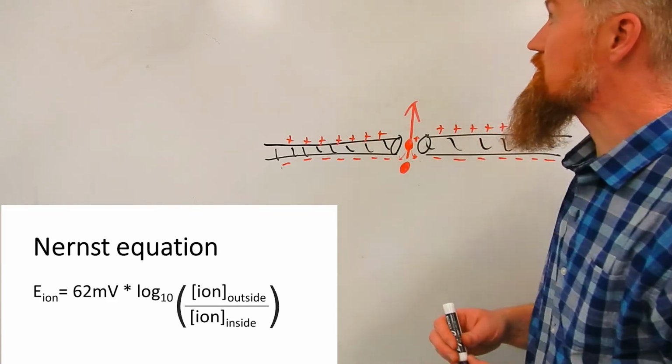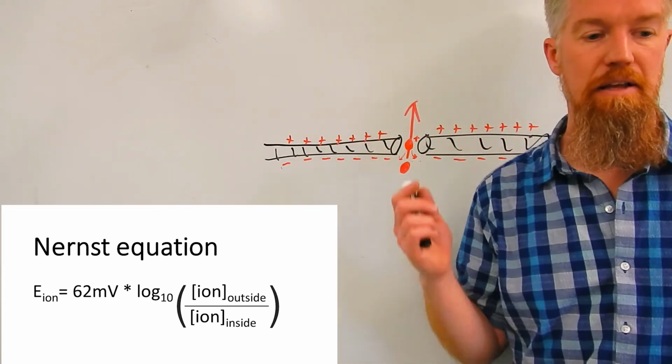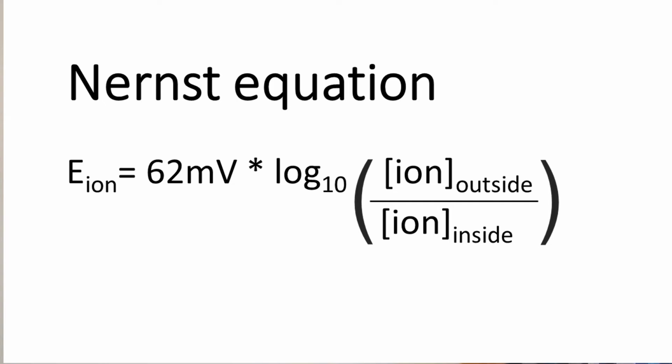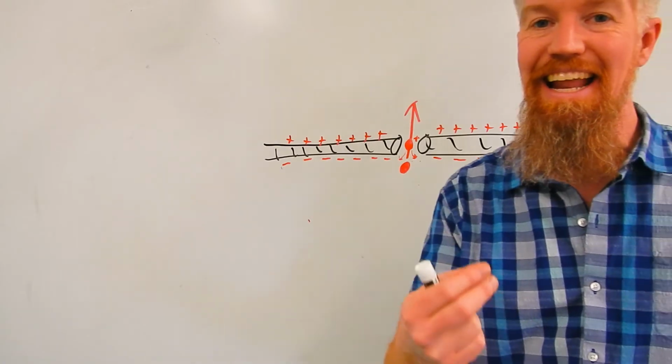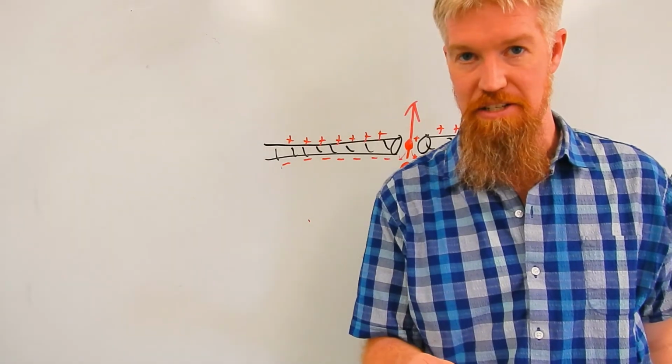So the Nernst equation looks something like this. It is 62 millivolts times log base 10 of the ratio of ion concentrations outside the cell to inside the cell. And what we're saying specifically for an ion, not all ions.